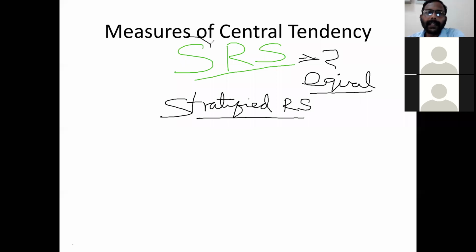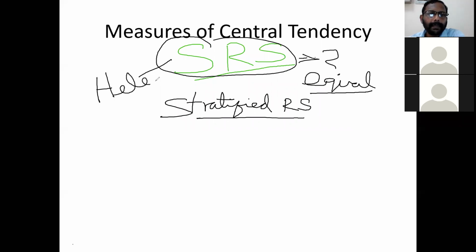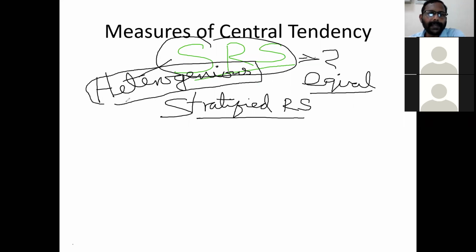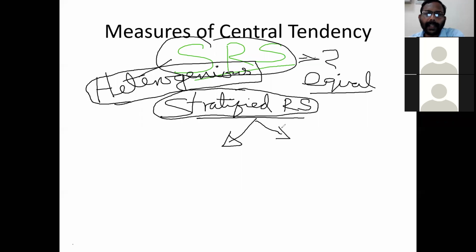Simple random sampling cannot be applied to a condition called a heterogeneous condition. What do you mean by heterogeneous? If you have different layers, for example, last time we took sex, male and female, then we cannot simply apply simple random sampling. Then we are supposed to use a system called stratified random sampling. So we divide the group based on the known factor.